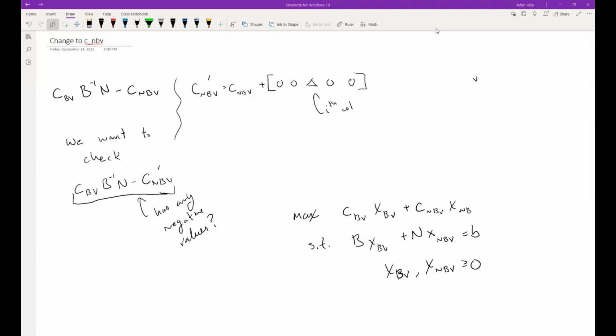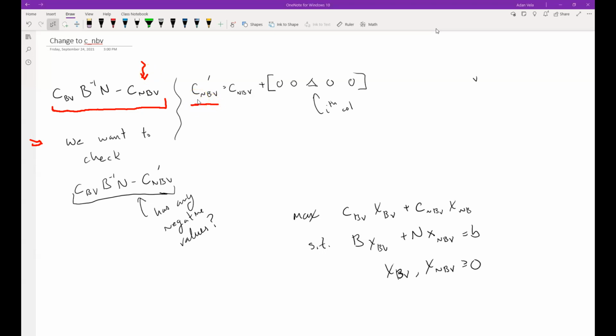The first sensitivity analysis that we're going to perform is to study what happens if we change CNBV, which is the cost coefficients related to the non-basic variables. The way we're going to do that is we're going to look at row 0, and we're going to replace our original CNBV with CNBV prime.